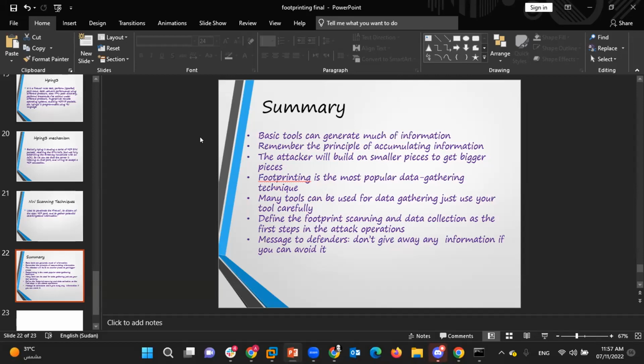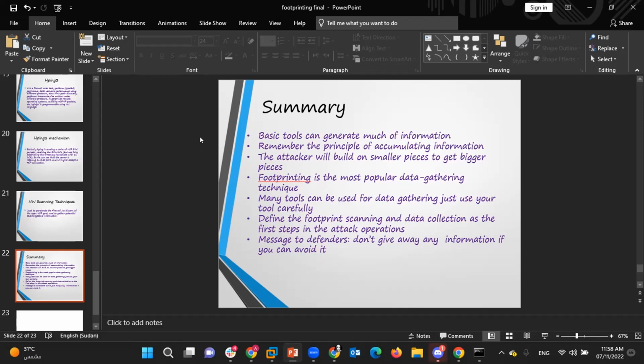Fingerprinting is the most popular data gathering technique. We have many tools to do a scan, to collect and to gather data. This stage is called data gathering, or fingerprinting, or reconnaissance. Many tools can be used for data gathering. You should use your tool carefully.